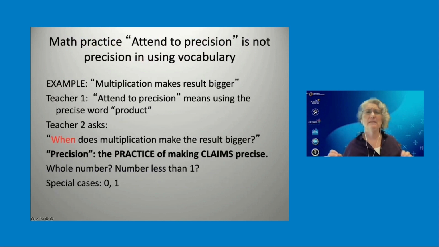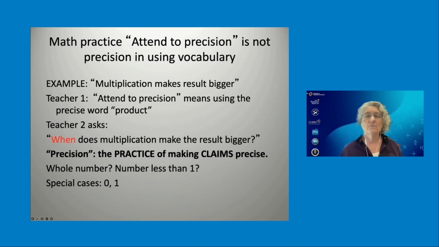I want to say a little bit about a math practice that comes partly from the Common Core, but it's also something that we tend to associate with mathematics, which is attending to precision. And I want to give you some options for thinking about attending to precision as not precision in using vocabulary. My favorite example comes from a statement that you might hear students in elementary school say, something like, multiplication makes the result bigger.